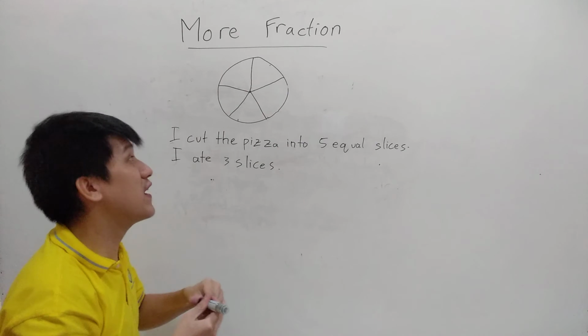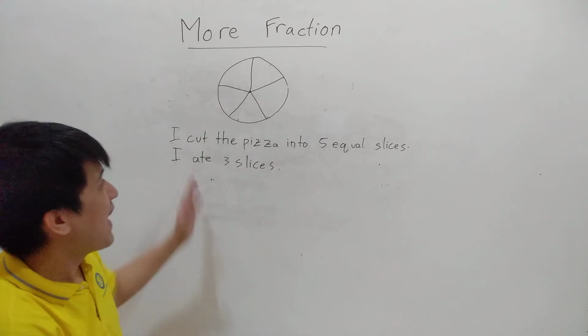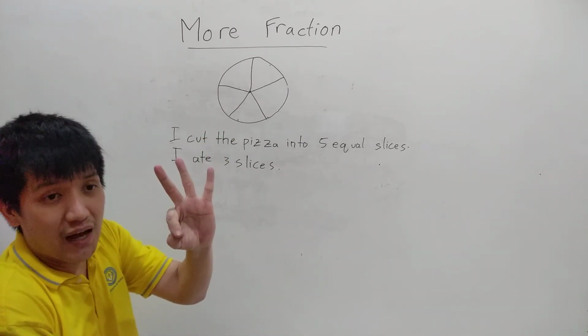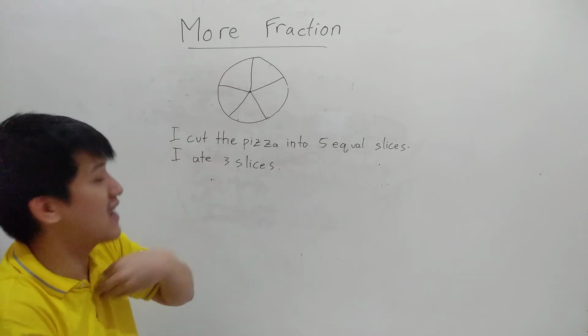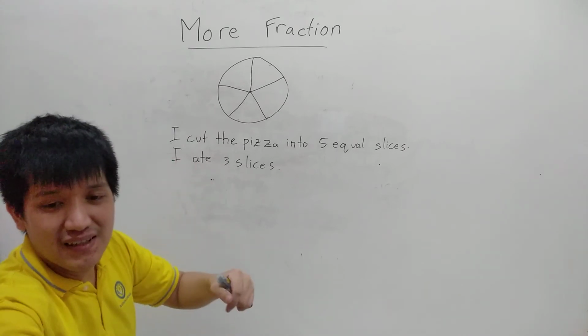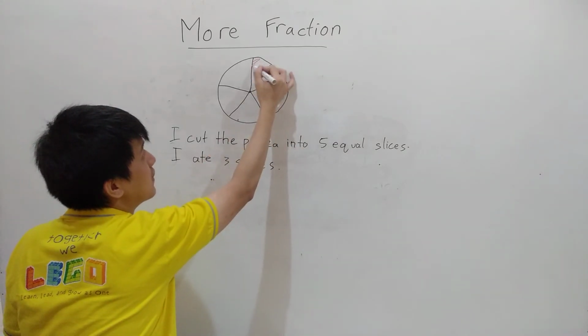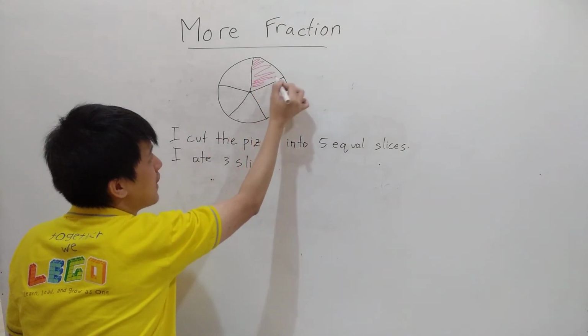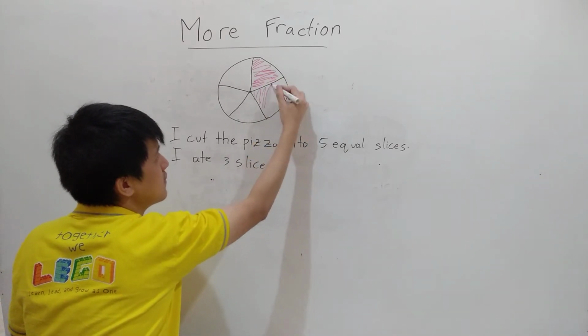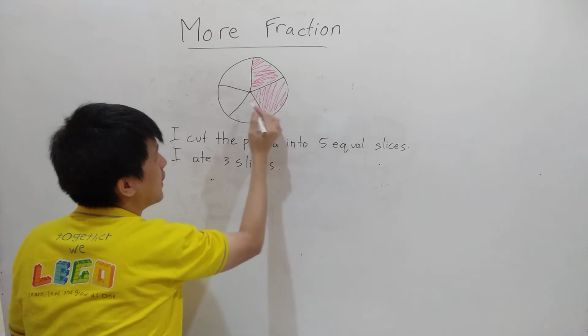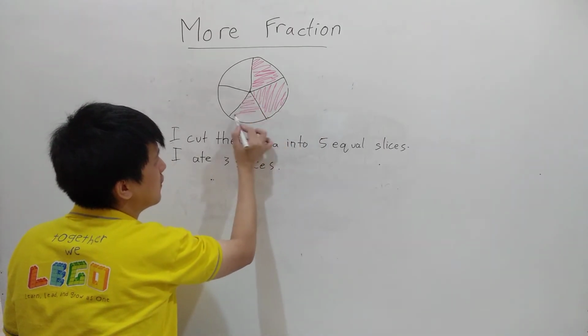So now I have 5 equal slices of pizza. And then I ate 3 slices. So I will mark the one that I ate with the pink color. This is the one that I ate. This is the one that I ate. And this is the one that I ate.